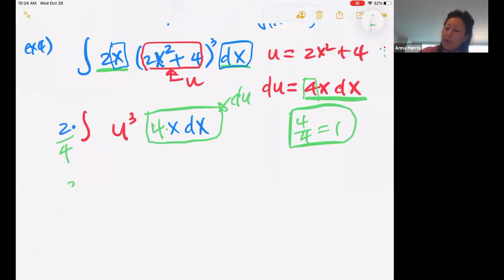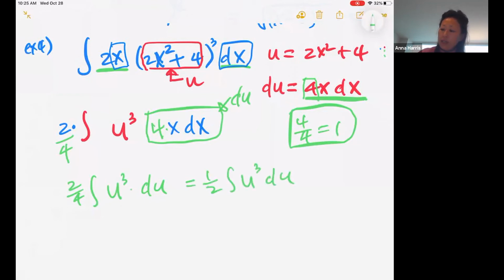So I can rewrite my problem as u to the third du, which is the same as 2 divided by 4, which is the same as 1/2 u to the third du.